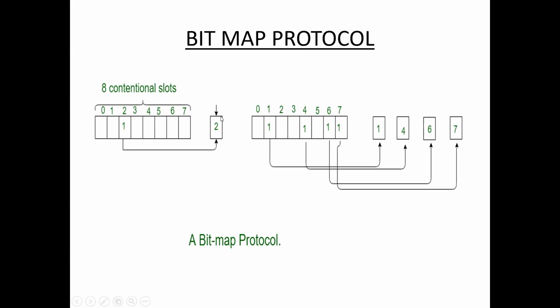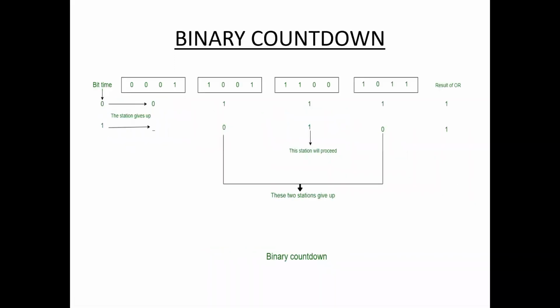In this example stations 1, 4, 6 and 7 have to transmit a frame, so bit 1 is placed in slot 1, slot 4, slot 6 and slot 7. So this is the bitmap protocol.